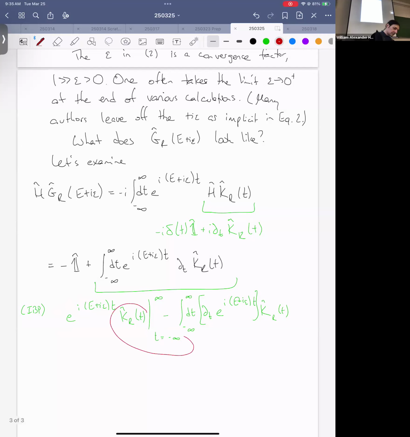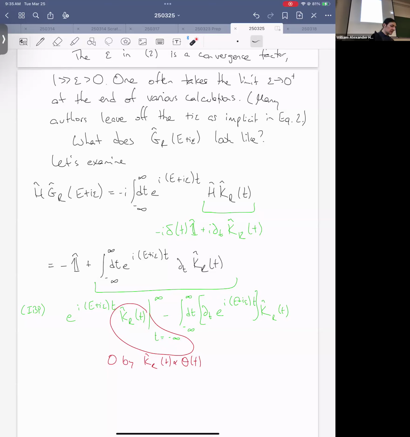So 0 by the theta(t). Then, so long as this retarded propagator operator is not horrendously badly behaved, i.e. blowing up exponentially fast at future time, notice that we have a plus i, and then a plus i epsilon, which is positive, and then t, which is infinity at the upper end.